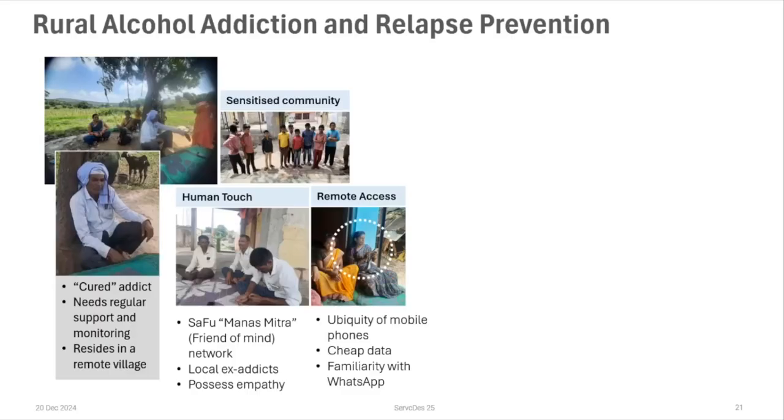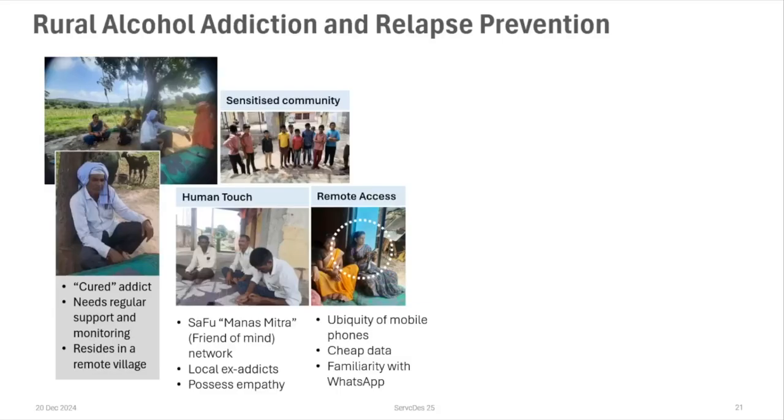So these people have lived experience. Why I'm pointing this out is that there is this concept of sponsor in, for example, Western cultures, Alcoholics Anonymous, and so on. Now the sponsor is supposed to play a role at a distance, supporting the person who is trying to remain sober.